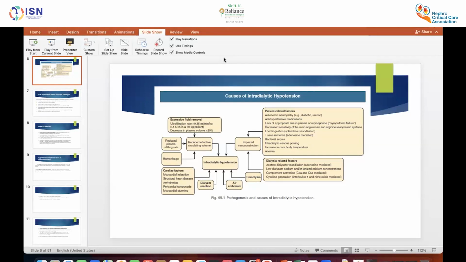We can discuss later why it is called normal saline. Now let us discuss why we use saline. That also applies to your concept of hypernatremia correction. When we are talking about total body water, how is it distributed?